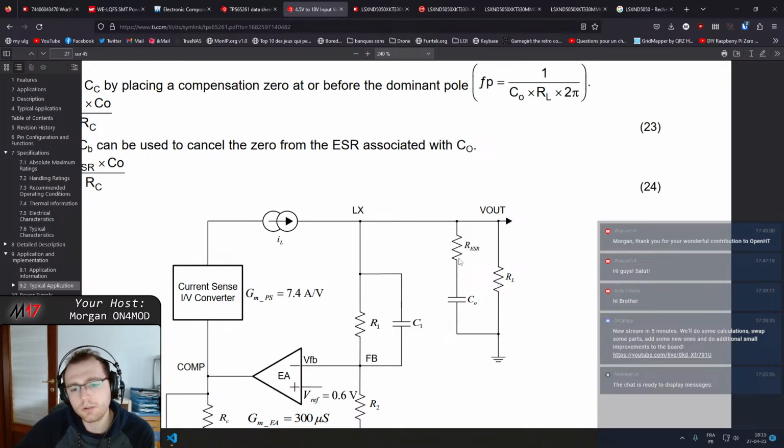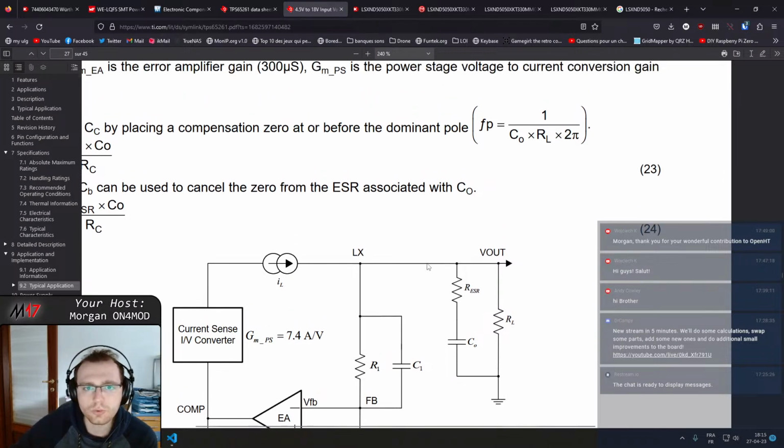It's what is in series with your capacitor CO at the output. It is present in electrolytic capacitors. It can be a few ohms or a fraction of an ohm depending on the brand, the value, the size, lots of factors. In our case, it's much less than an ohm, sometimes in the milliohms range. It's very low, and this can cause some problems and some resonance at the output too.